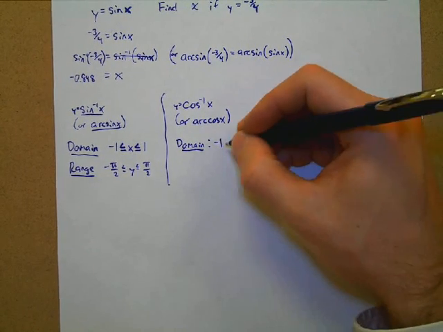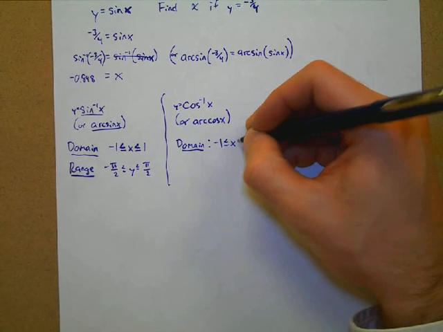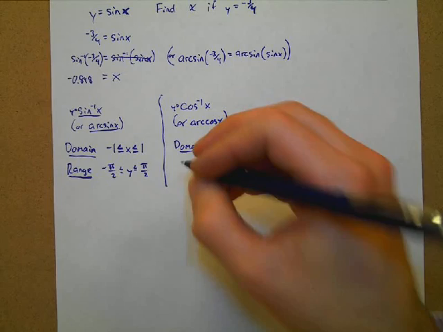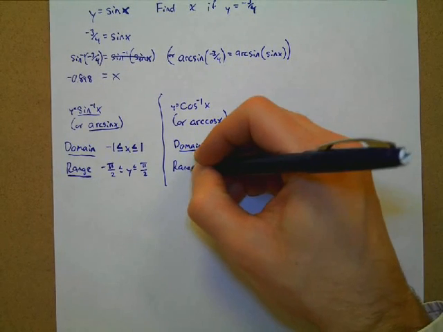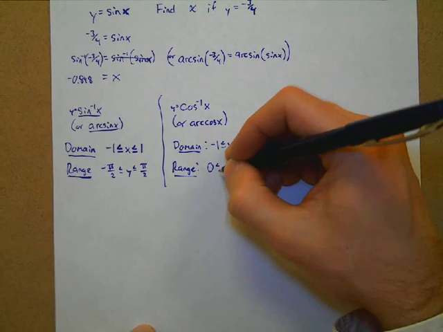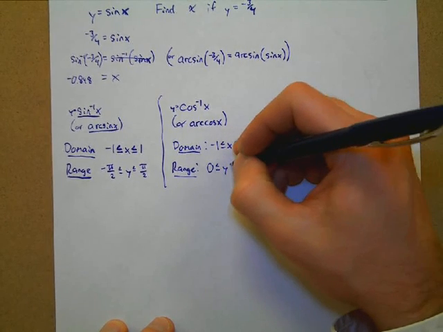And the range of cosine inverse is going to be from 0 to pi.